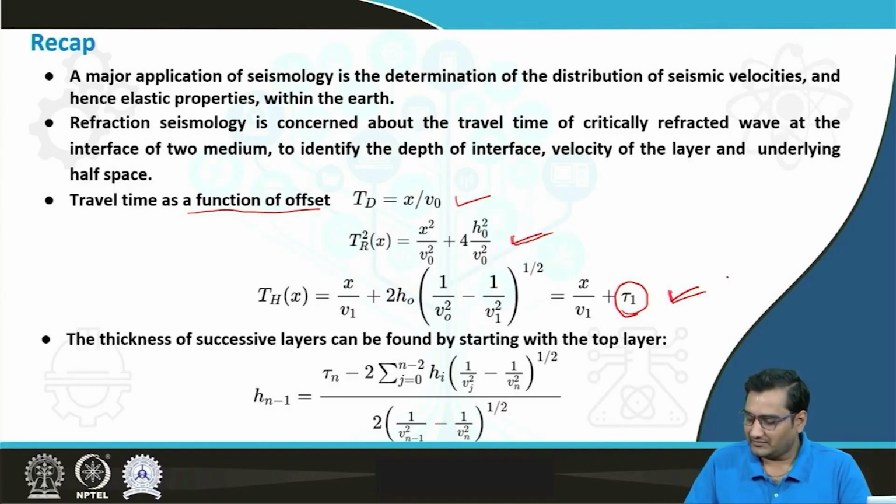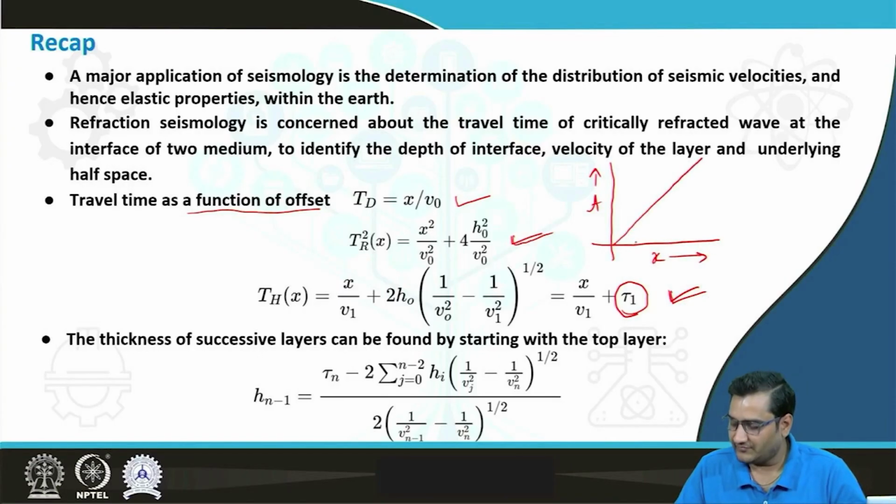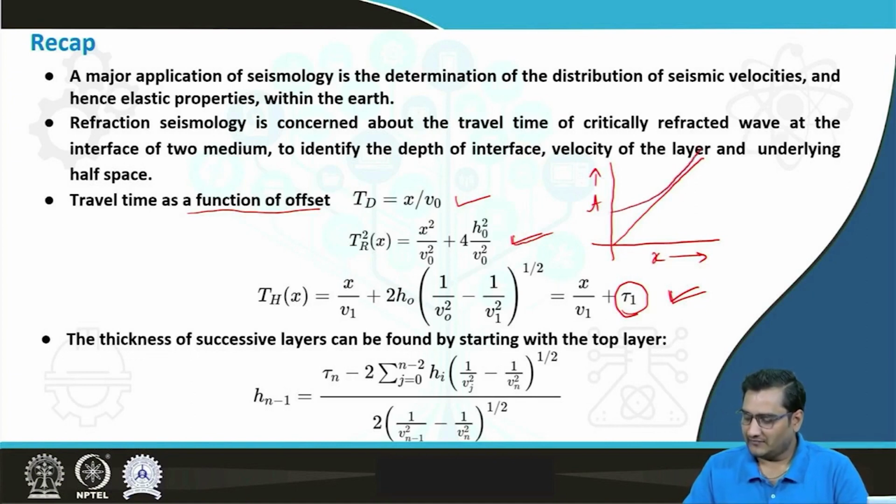In the previous lecture we learned that if we plot the travel time curves of all these three phases, with time on the y-axis and offset distance on the x-axis, then the direct phase is a straight line, and the reflected wave is a hyperbola that asymptotically touches the direct phase.